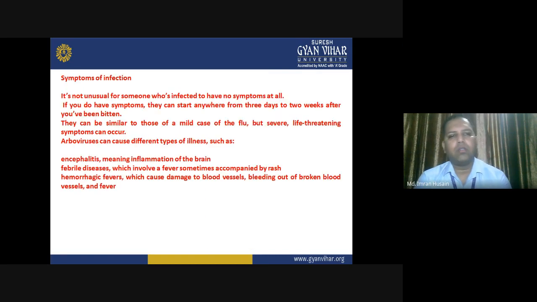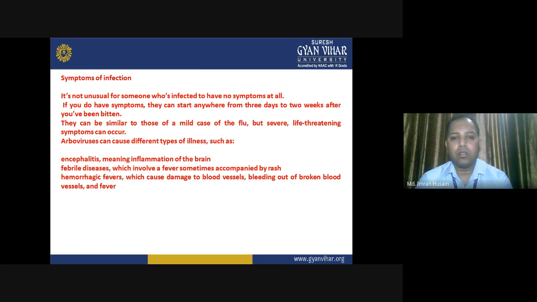Symptoms of infection. It is not usual for someone who is infected to have no symptoms at all. If you do have symptoms, they can start anywhere from 3 days to 2 weeks after you have been bitten. They can be similar to those of mild cases like flu, but severe life-threatening symptoms can also occur.